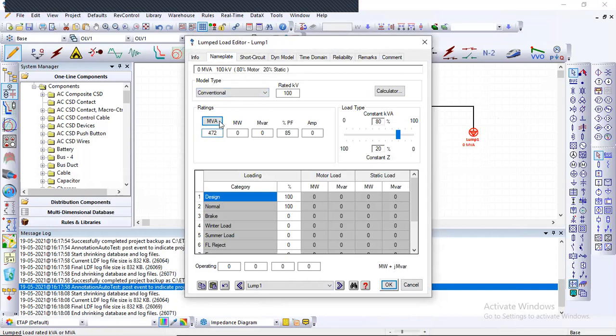Again, I repeat for you guys, if you place it elsewhere and select it in a particular way, all the aspects would be selected automatically: the megawatt rating, the MVAR rating, the percentage power factor, and the ampere rating of maximum capability that can flow through this bus bar, which we need to use for the load.